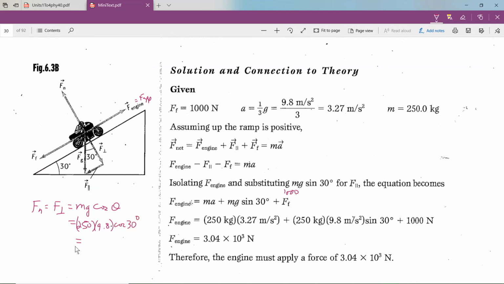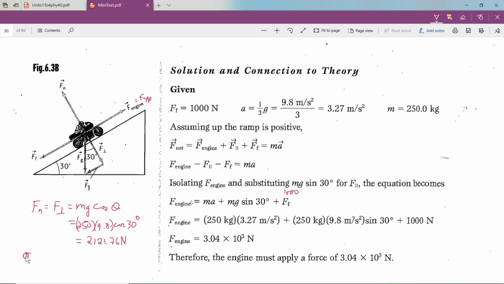Let's punch that out. 250 times 9.8 times cosine 30, and I get 2121.76. So that's my normal force.